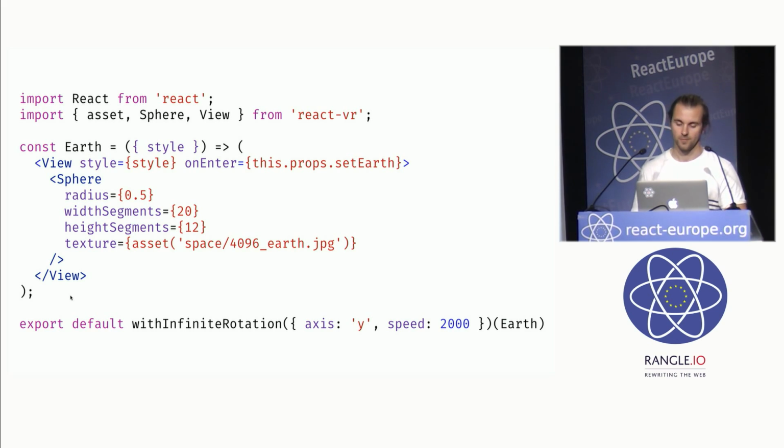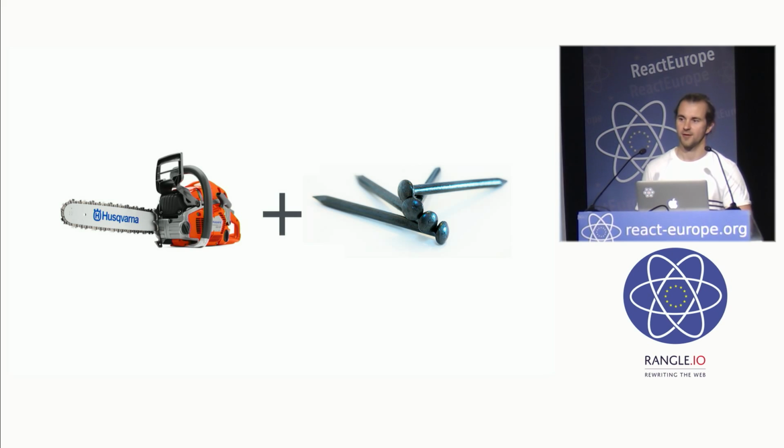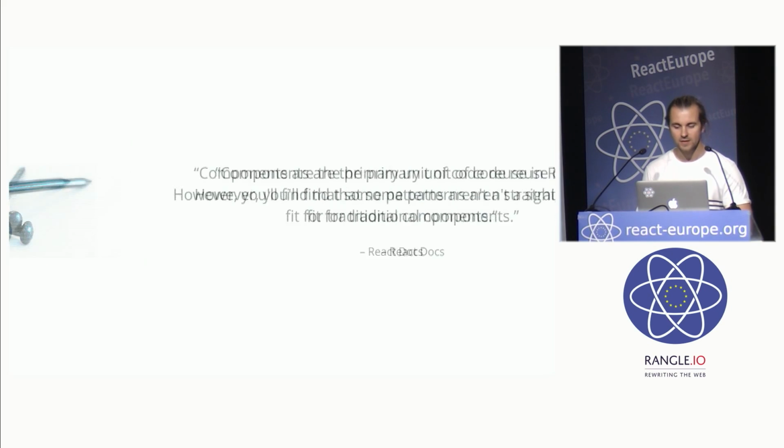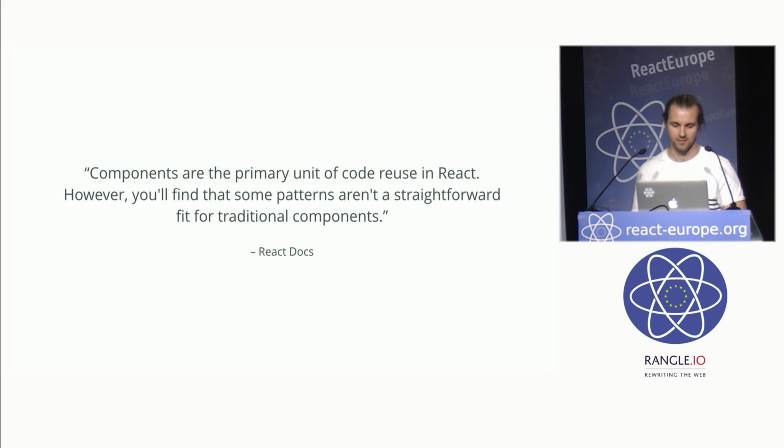And that's pretty cool. All right, so should you use higher order components all the time now? No, obviously not. A chainsaw is not the best tool to hit a nail. You'd rather use a hammer. So I want to quote the React docs here. Keep in mind, components are the primary unit of code reuse in React.